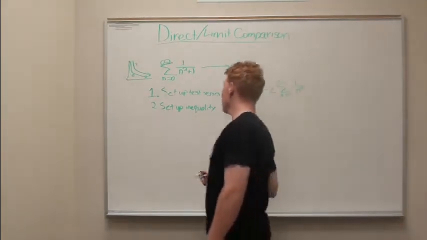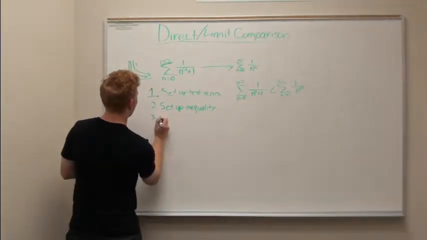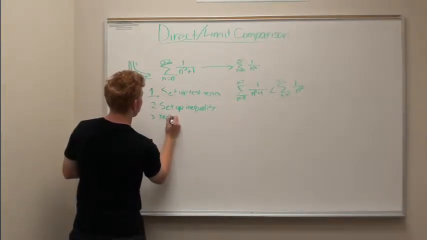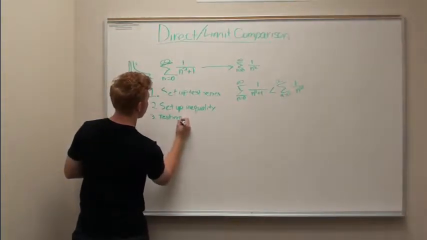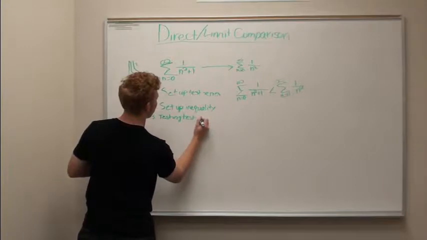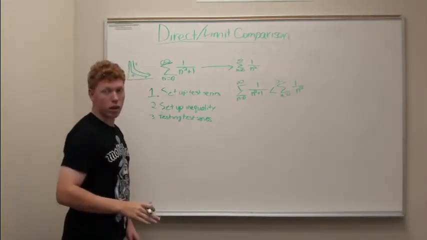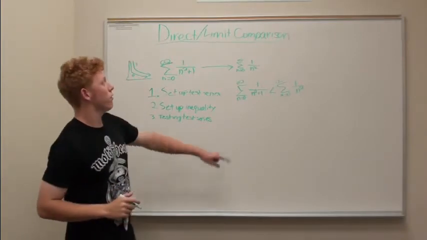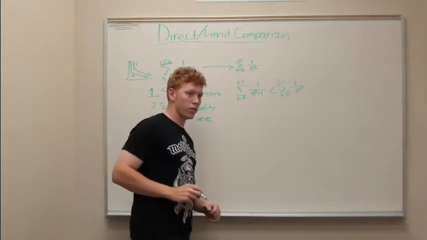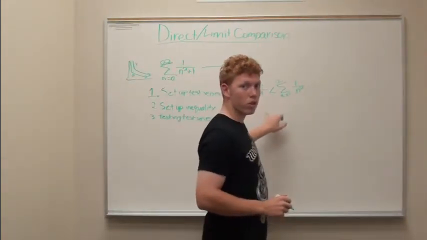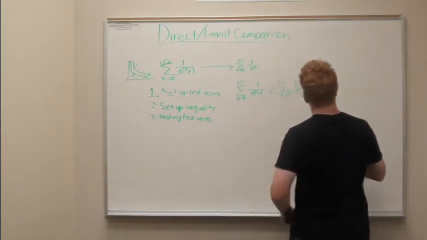Now step 3 would be testing the test series for either convergence or divergence, as you decided originally. Now for this, obviously we are testing convergence since the test series is larger than the original series.